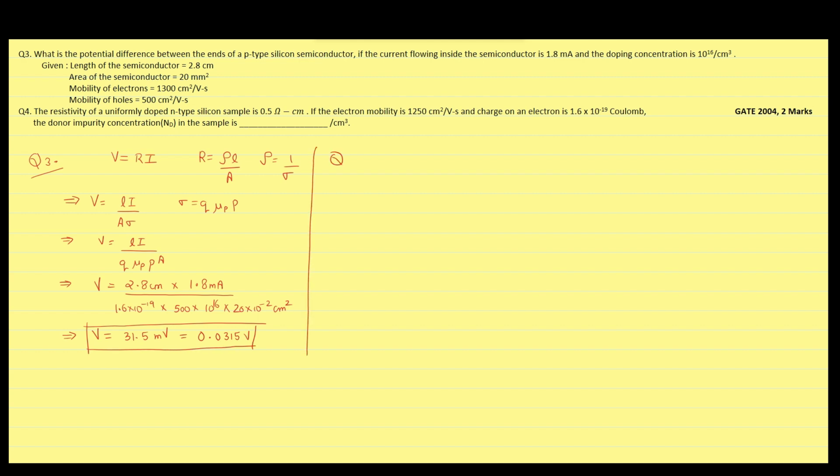For the fourth question, resistivity of an n-type silicon sample is given, and also we can assume that n is approximately equal to doping concentration, which is the general case. For doping concentration, we have this. Now we have to simply put the values. After calculating, we will find the doping concentration to be equal to 10 raised to the power 16 per centimeter cube.